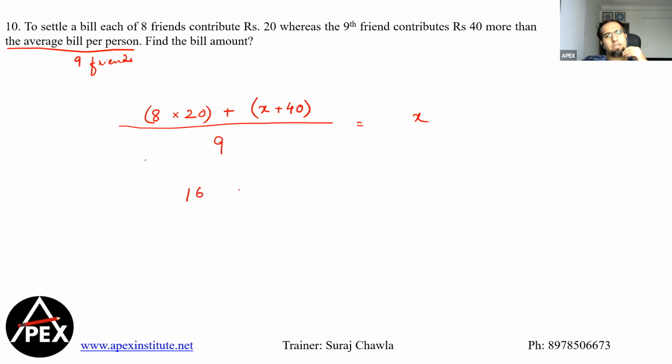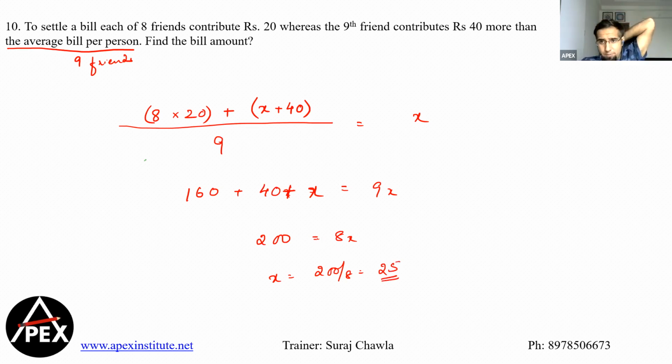So I have 160 plus 40 plus x is equal to 9x, or we have 200 is equal to 8x, or the value of x is equal to 200 by 8. Now 8 2s are 16, and then I have a 40, 8 5s are 40.